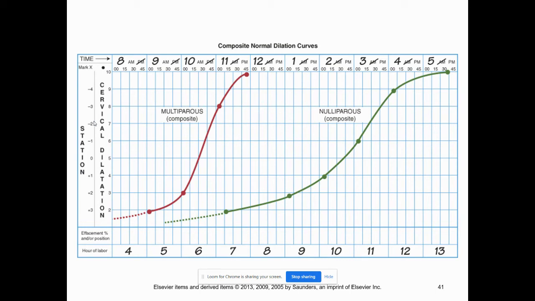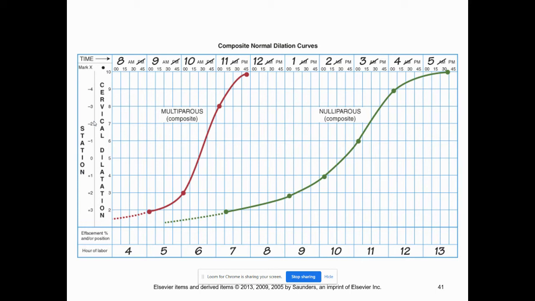So what happened was, Dr. Friedman set up this curve in 1955 that all the OBGYNs used after that as a guideline for how each woman was progressing. And if according to Friedman's curve the woman was slower than she should be, the doctor might jump ahead and say, oh, well, she needs a C-section because she's not progressing fast enough. Okay, see what I'm saying?